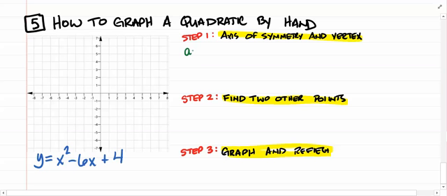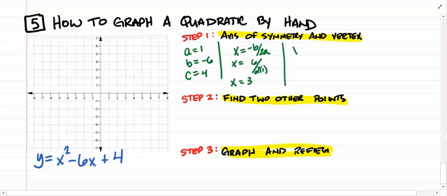So I know the value of a is worth 1, the value of b is worth -6, and the value of c is worth 4. That's our first step. The axis of symmetry is located at the equation x equals -b over 2a. So therefore it's going to be x equals positive 6 divided by 2 times 1, which means that x is equal to 3.